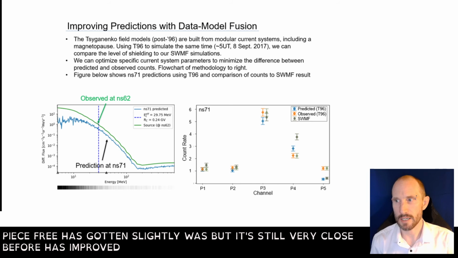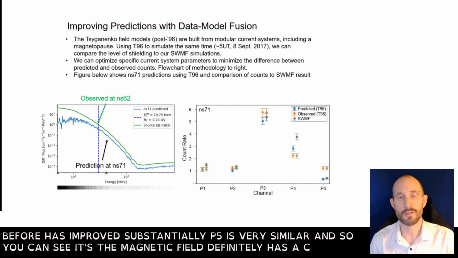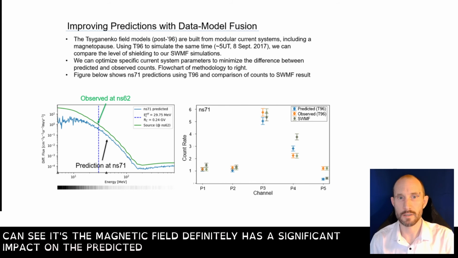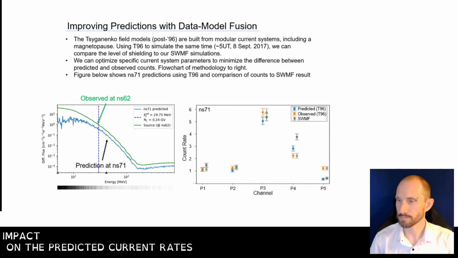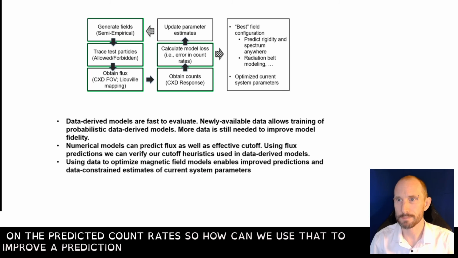P4 has improved substantially, P5 is very similar. And so you can see that the magnetic field definitely has a significant impact on the predicted count rates. So how can we use that to improve our predictions?